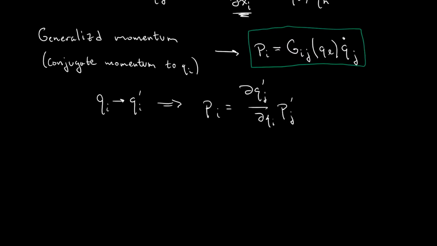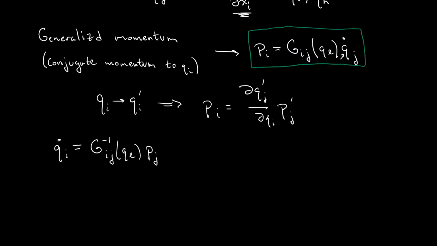Now, I can rewrite this, essentially solving for q dot j, in terms of a new object that I'm going to call g inverse. q dot i equals g inverse ij of q times p_j.